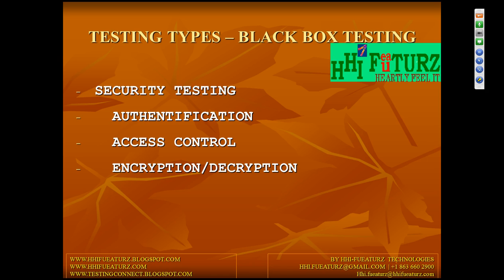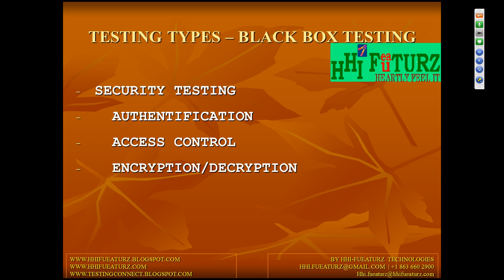Exactly, if you take banking applications, your credit card number, debit card number or account number, they will try to encrypt in many ways and even decrypt and provide it to you. Encrypt means converting your English to binary language, let us suppose. Decrypt means binary to English.